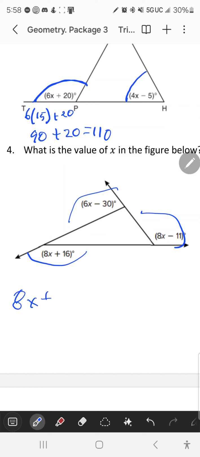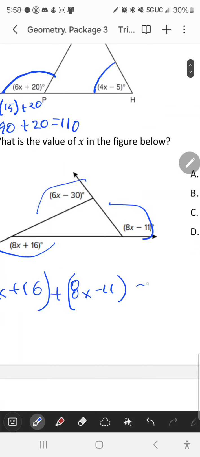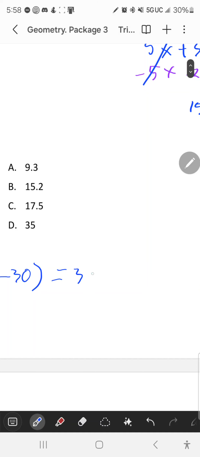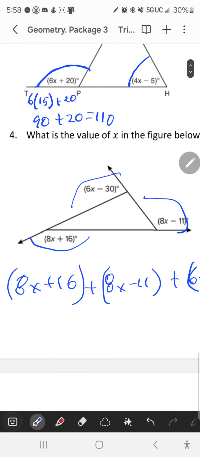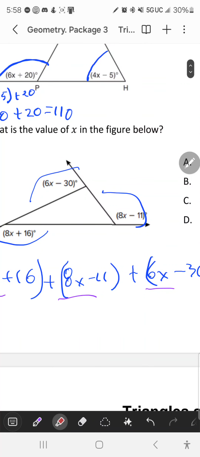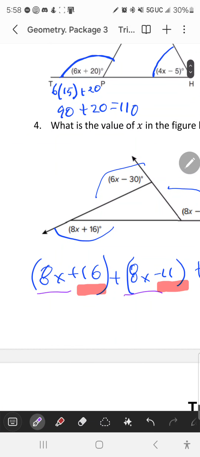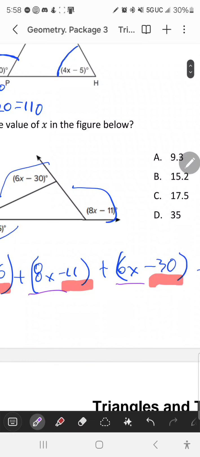So ax plus 16 plus ax minus 11 plus 6x minus 30 is going to be equal to 360. So 8x plus 8x is 16x, plus 6 is 22x.